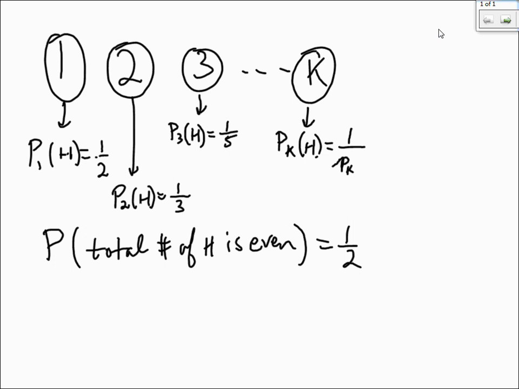And it all comes down to this one coin. Now, when we toss the coins, the number of heads that come up isn't going to be affected by the order that we toss the coins, as long as we toss each coin one time.